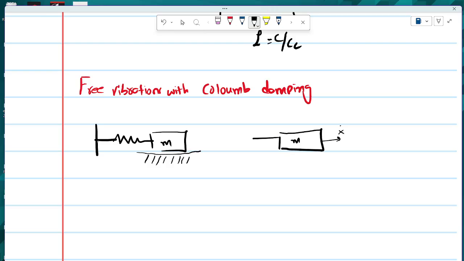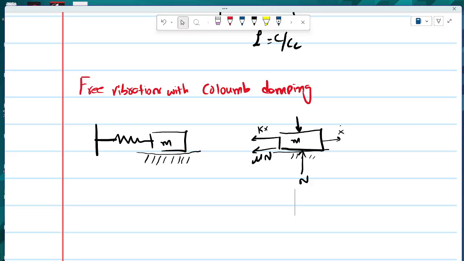The spring pulls it backwards with kx, and the friction with the surface also applies a force in the negative direction, mu N. There is also the weight of the body acting vertically downward and a normal force acting vertically upward balancing the mass.